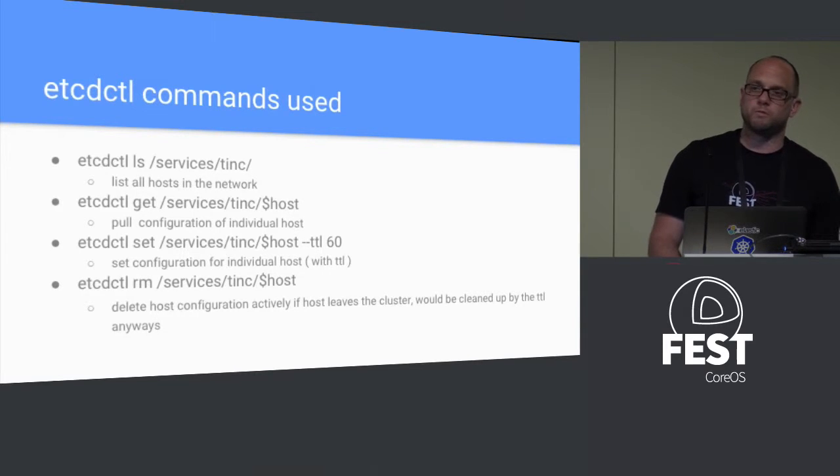So for now the key for every host expires after 60 seconds, and I rewrite it shortly before expiring. So if a host goes down, the key would not be written to etcd anymore, and it would disappear from the VPN. And if I go down in a controlled state, I would remove the key from etcd.